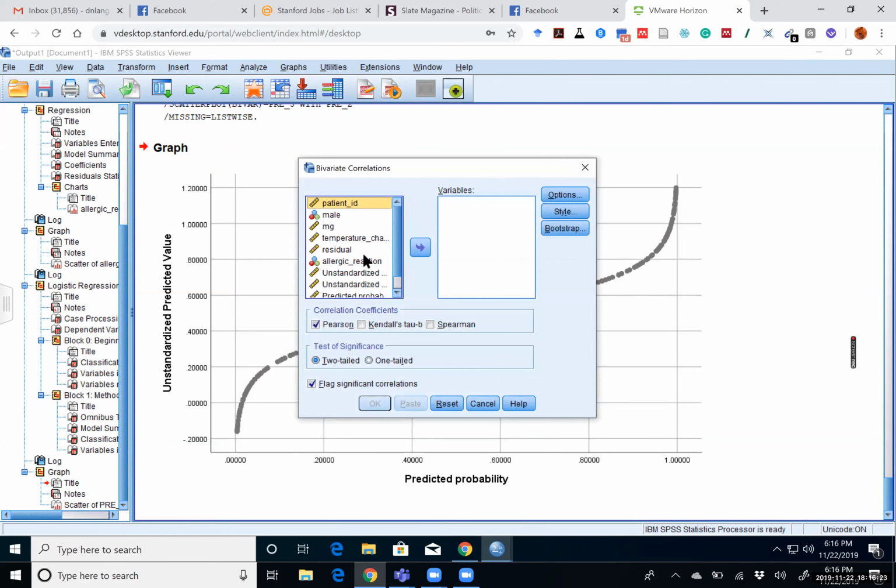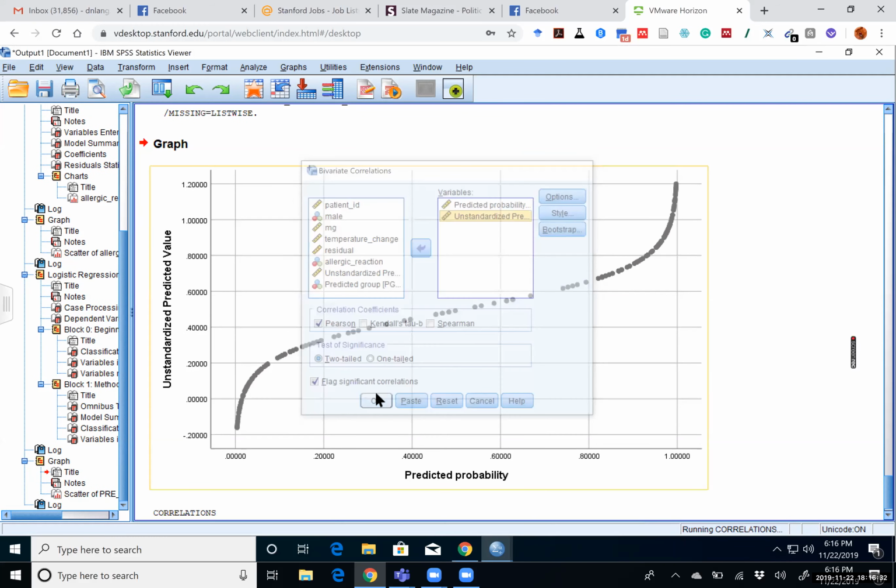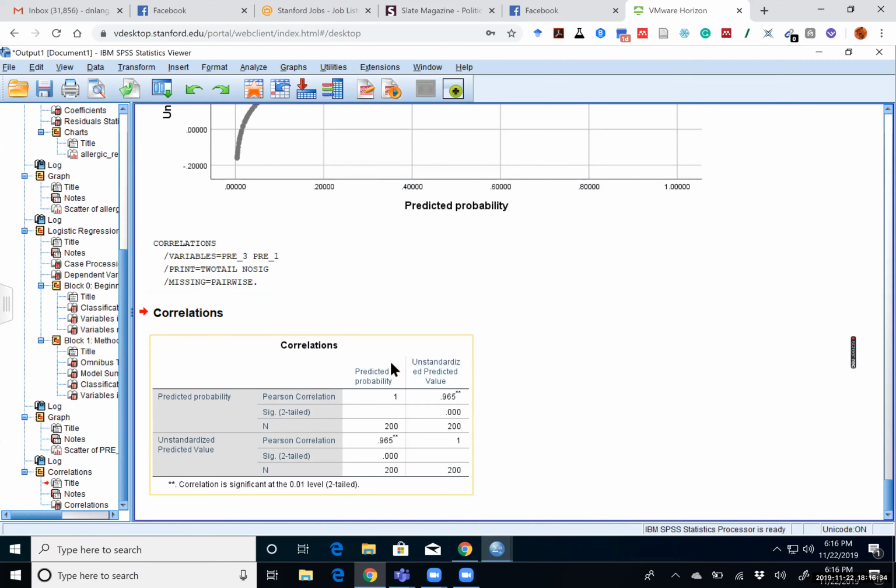When we compute our bivariate correlations, we get a correlation coefficient that is quite similar. In fact, the Pearson correlation is around 0.96, which is really, really high. But in other cases, in other models, this can make a really big difference.